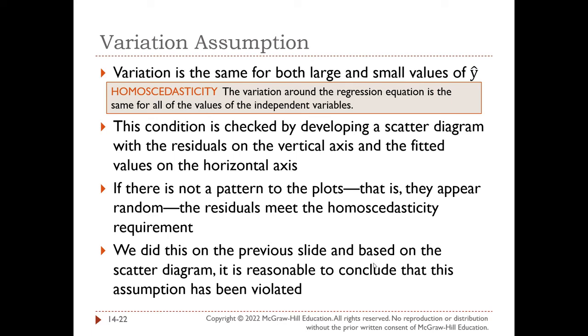Okay. This condition is checked by developing a scatter diagram with the residuals on the vertical axis and the fitted values on the horizontal axis. If there's no pattern to the plots, that is, they appear random, the residuals meet the homoscedasticity requirement. We did this on the previous slide, and based on the scatter diagram, it is reasonable to conclude that the assumption has not been violated.